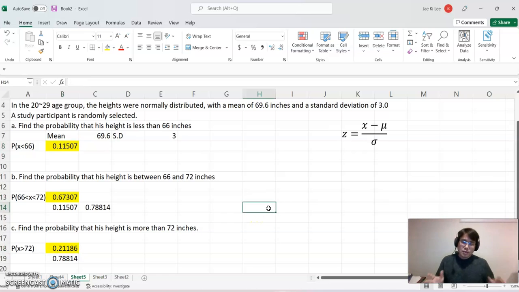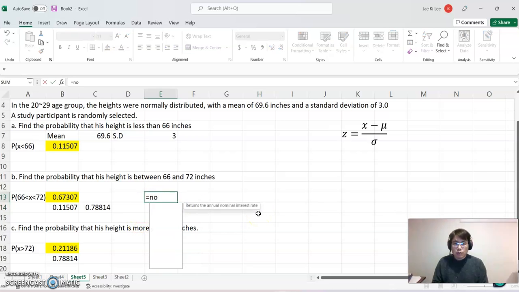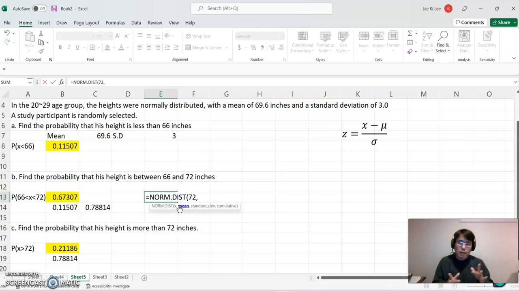But we can also shorten this. We don't have to always find these two values and then subtract, or find this area value and subtract it from one. Why don't we make just one formula and get the answer in one try? A is exactly the same scenario, so I'm not going to do it. But in this case, we can do it this way. Equal to norm distribution, 72, because 72 will be the bigger area value anyway.